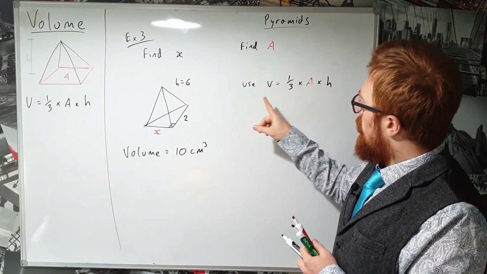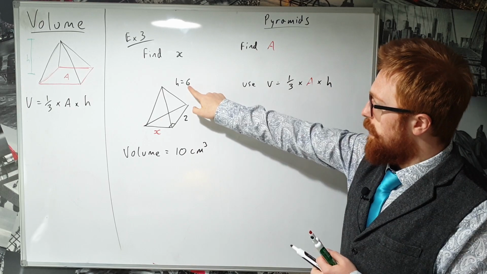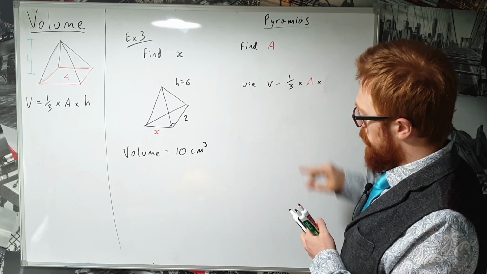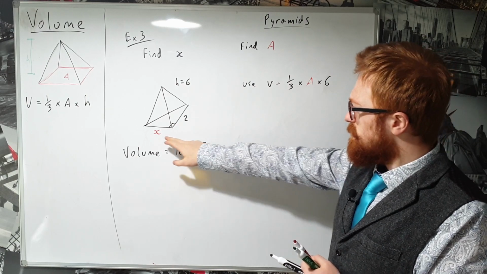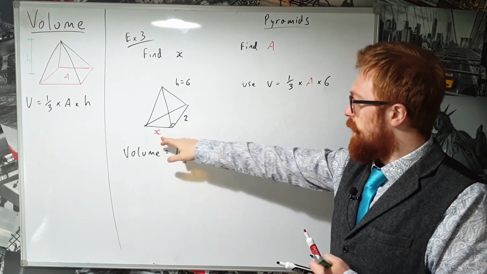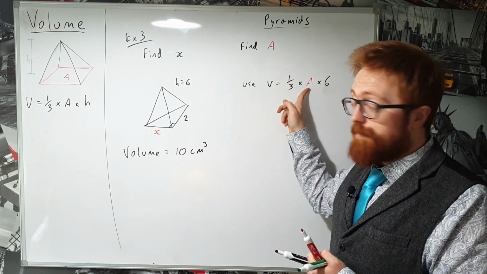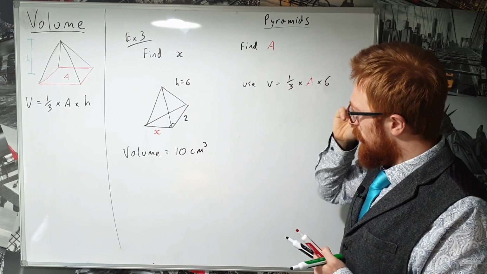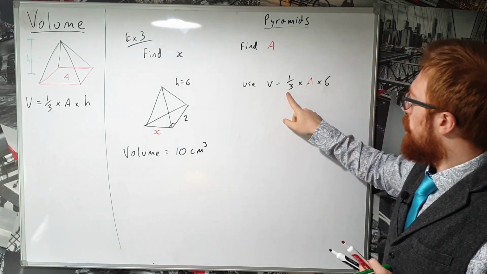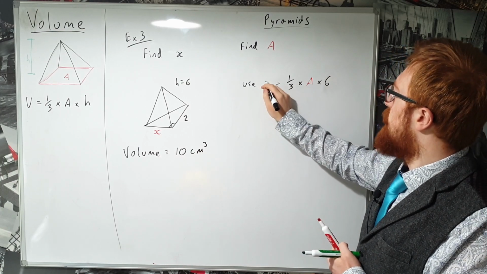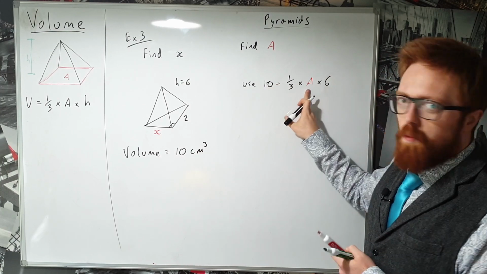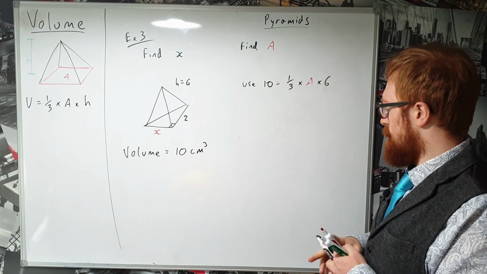Now, I know what H is. I know that H is 6, so I can swap that out straight away. And the thing I can't work out is this X, which means I can't work out the area. So what I need to do is think, okay, if I've done 1/3 times by 6 times by the area, and I've got an answer of 10, what must the area have been?